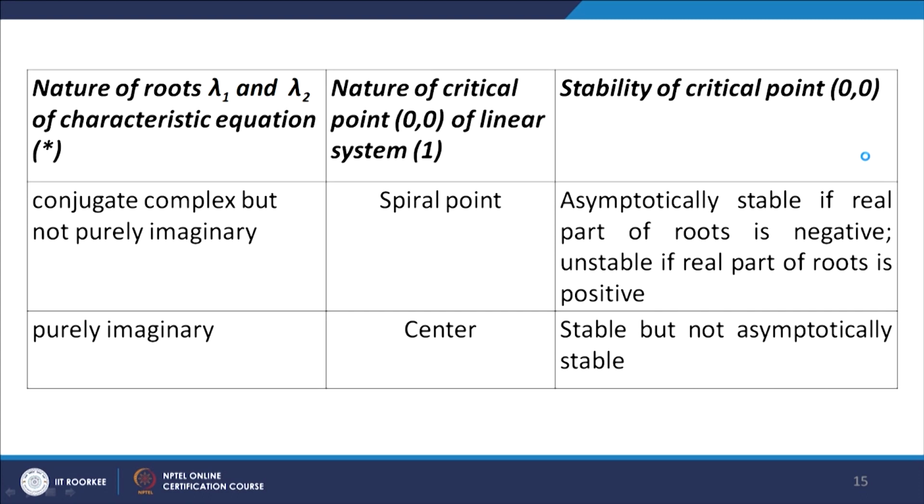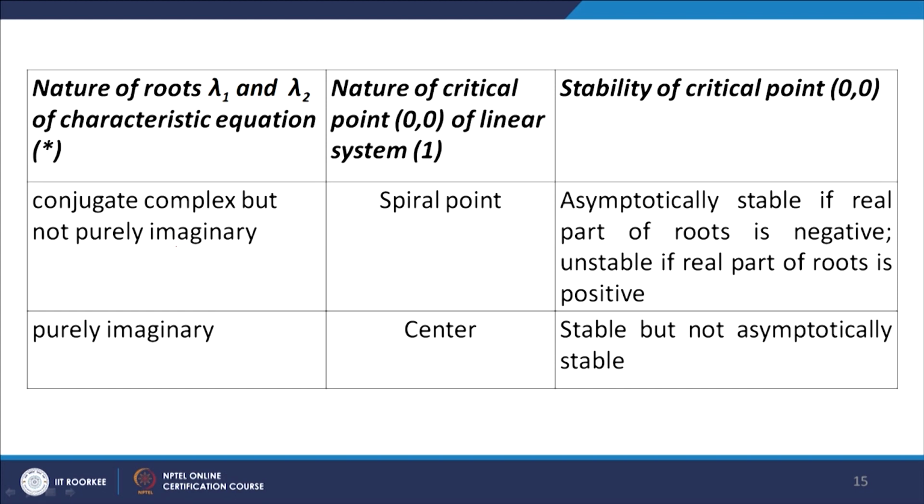Now, nature of roots. Let us consider first the case where lambda 1 and lambda 2 are both conjugate complex roots, but they are not purely imaginary, that is, alpha is not equal to 0.